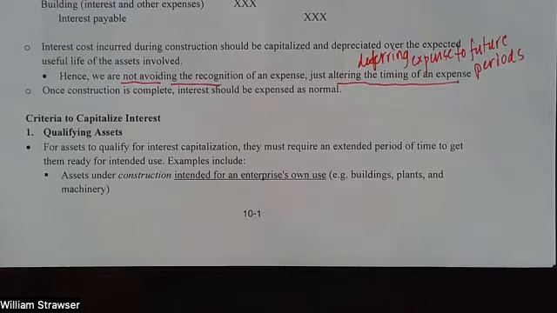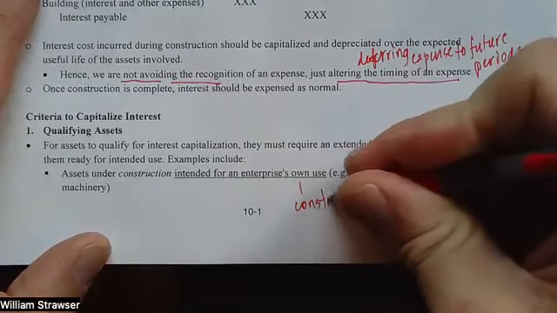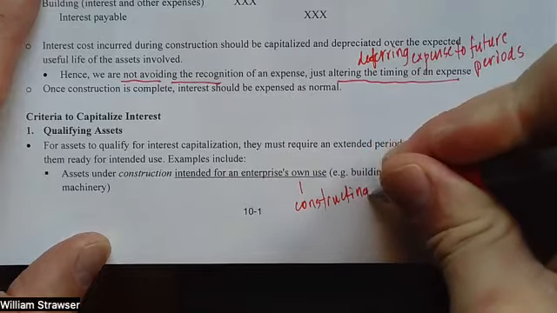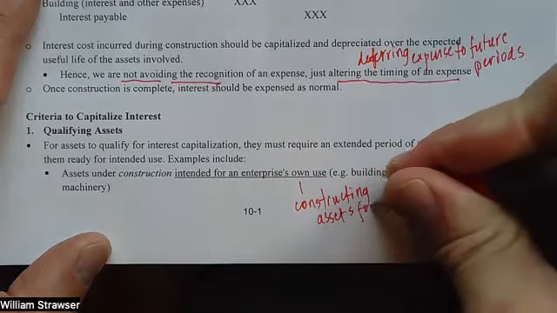So we have to have an asset that qualifies. It has to be an extended time of construction, and it has to be intended for the enterprise's own use. So we're not constructing assets for sale. That does not qualify for interest capitalization.